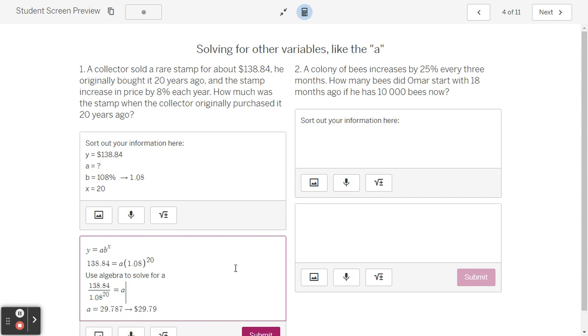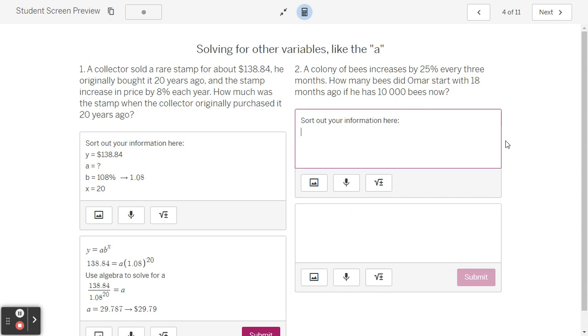Right, another question similar to that. We have a colony of bees that increases by 25% every 3 months. So the whole 25% increase doesn't happen every month, but it has to happen every 3 months. How many bees did Omar start with 18 months ago if he has 10,000 bees now?